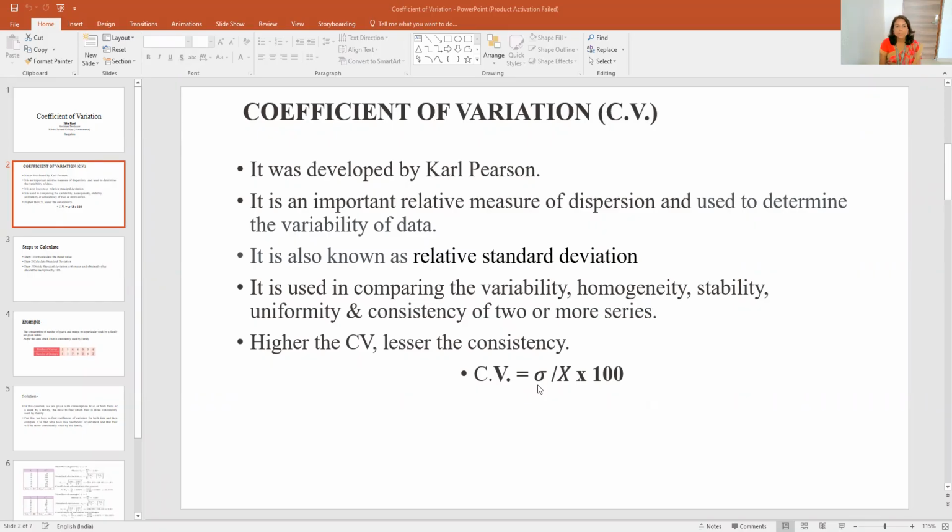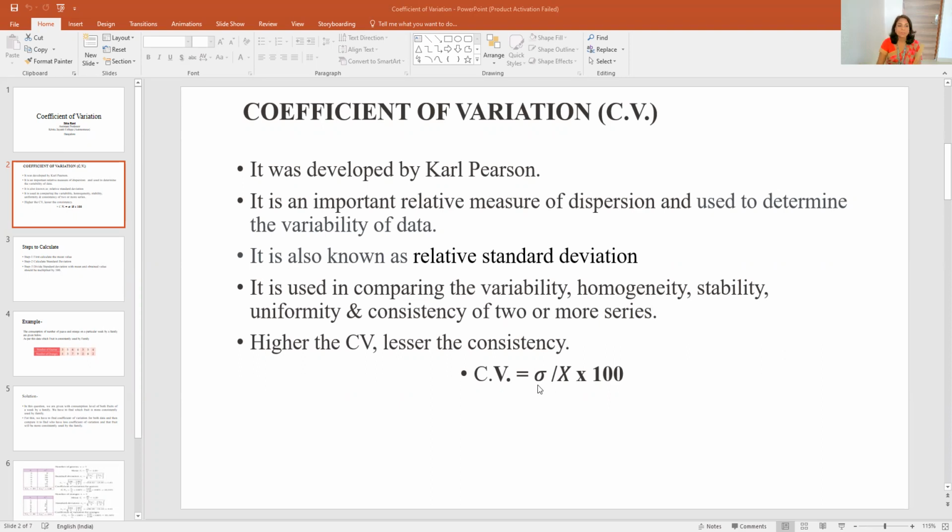It is used in comparing the variability in data, homogeneity, stability, uniformity, and consistency of two or more series of data. How can you calculate the coefficient of variation? The formula is standard deviation divided by mean, multiplied by 100.